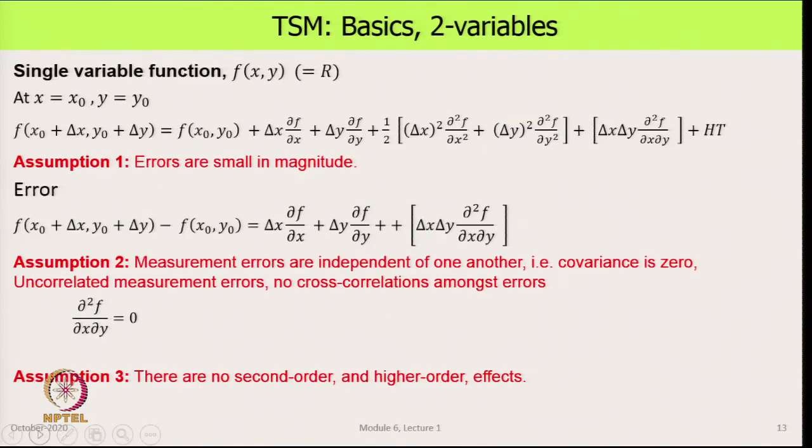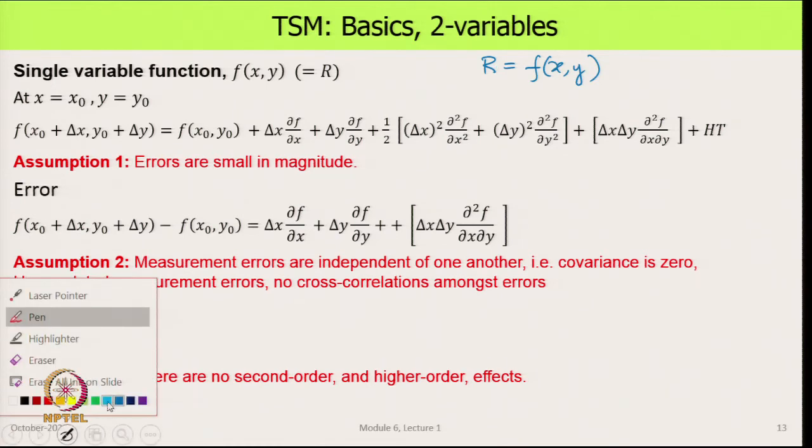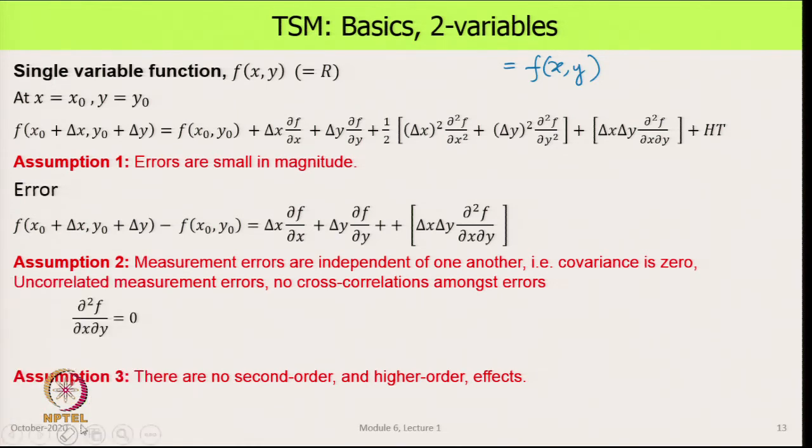Now, we go to the case where the result expression r is a function of two variables. I have started here by putting it as f, a function of x and y, or in our terminology this will be r, a function of x1 and x2.